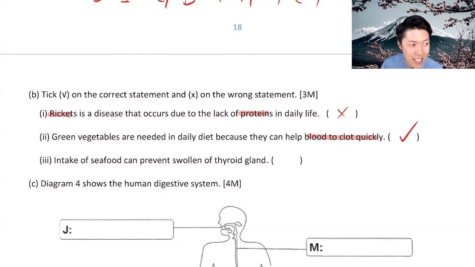Okay, next one. Intake of seafood can prevent swelling of the thyroid gland. So the thyroid gland is behind here. It's not the Adam's apple. It's right behind here. That gland helps you to control your metabolism. That means how fast your body produces energy and how fast your body works. That's called metabolism. So is seafood related to iodine?